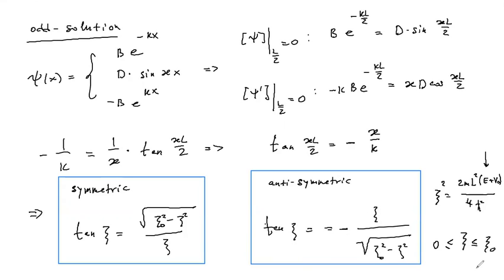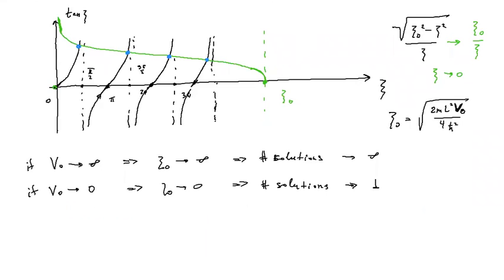So then I have to analyze this function a little bit more. I'm going to write it in a different color: negative xi over the square root of xi naught squared minus xi squared. It's anti-symmetric, and this is symmetric. So it's negative.